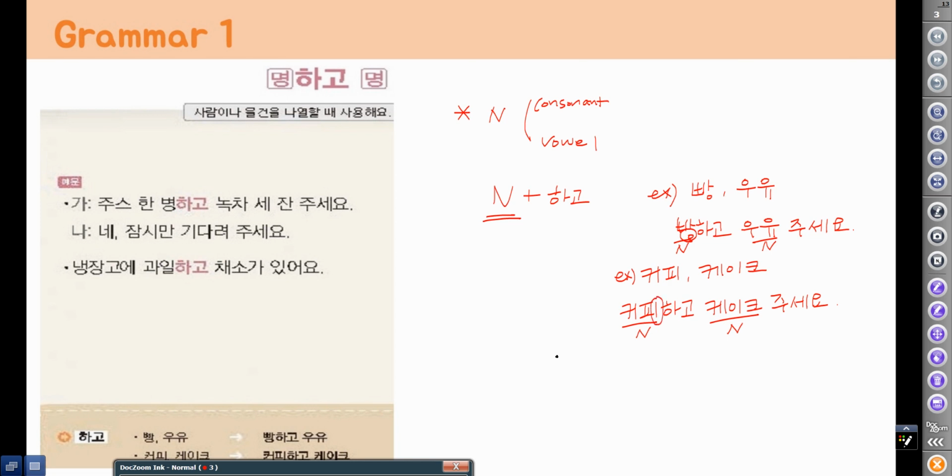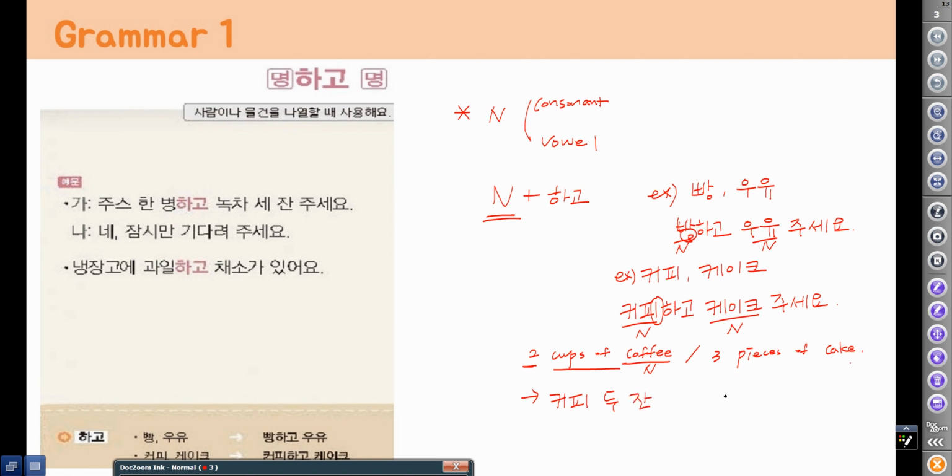How do we say, please give me 2 cups of coffee and 3 pieces of cake? How do you say this? So with the counter. Coffee first. 2 cups, 잔.